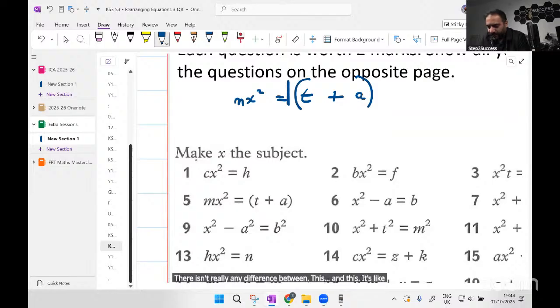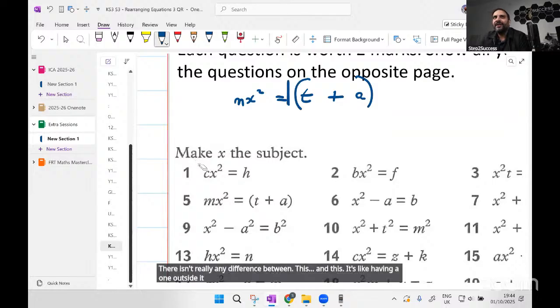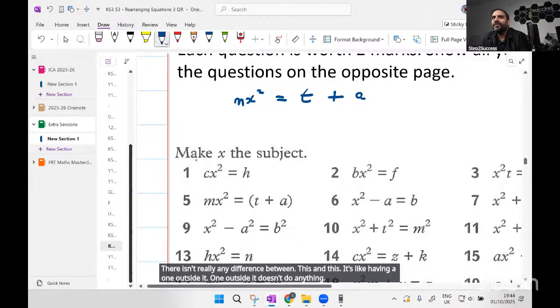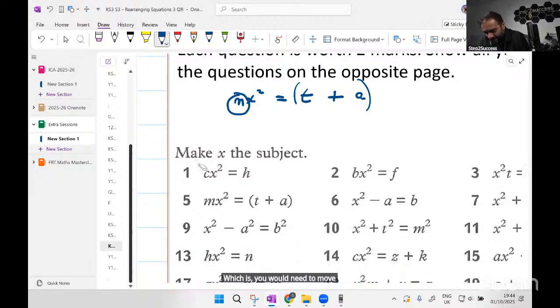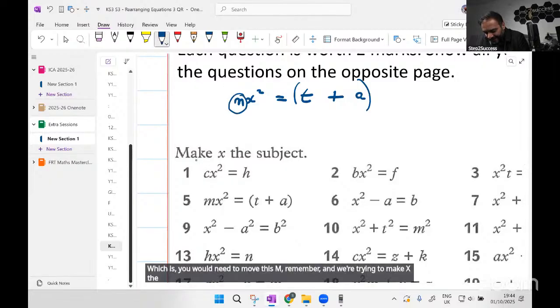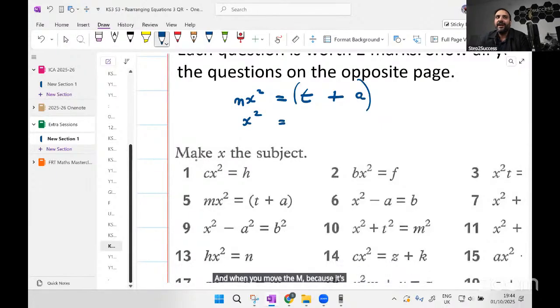It's like having a one outside it. One outside it doesn't do anything. So you can leave the brackets there if you want. Either way, it doesn't actually affect what you do next, which is you would need to move this m. Remember, we're trying to make x the subject. So we're going to move the m first. And when you move the m, because it's being times right now, it gets divided. So you get t plus a over m.